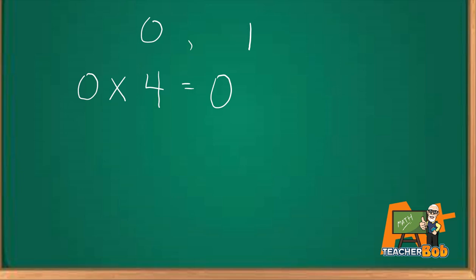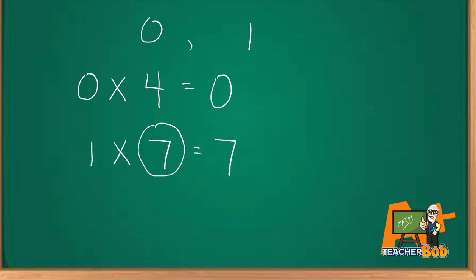Okay, what about multiplying by 1? For example, if we had 1 times 7, we have 1 of something. And 1 of something is the same something or the same amount. Nothing has changed. So if we have one group of 7, well, how many is in the group? 7.